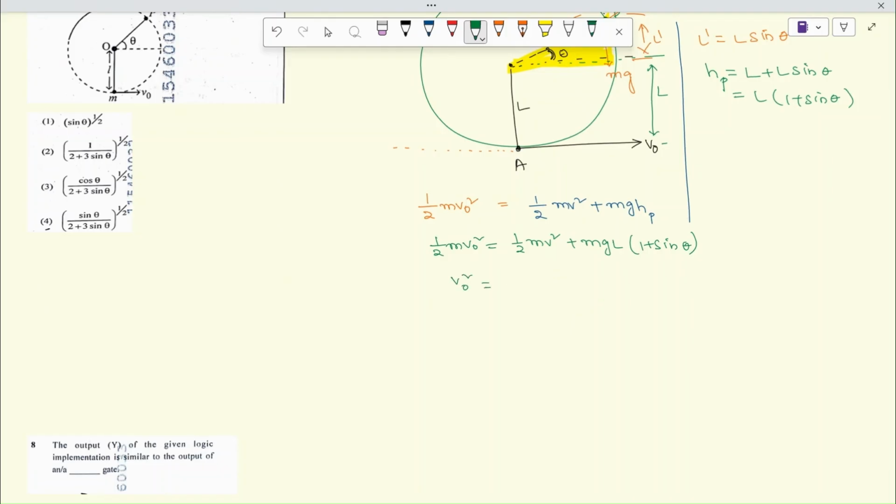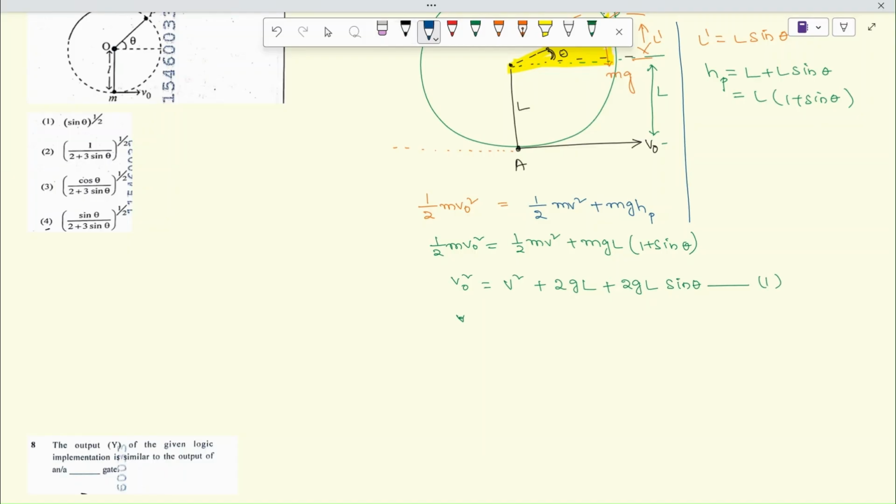V naught square is equal to v square plus 2gL into 1 plus sine theta, that is 2gL plus 2gL sine theta. I got 2 here because I multiplied the whole equation by 2 to cancel the half. Now, between v naught square and v, we got some relation. Let's take it as equation 1.